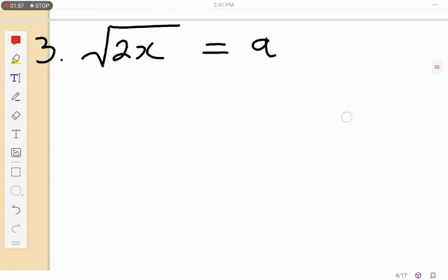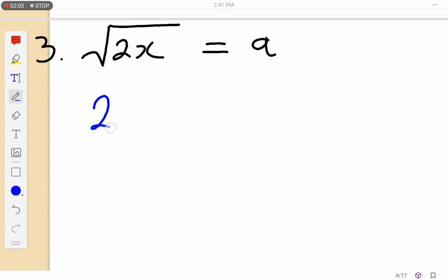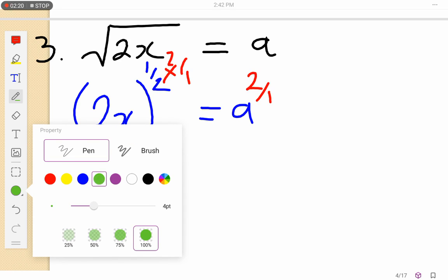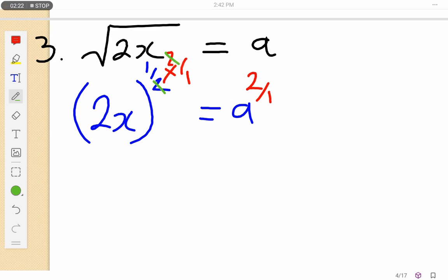Okay, this time around we have got another number inside the square root, but we deal with it the same way. So we say 2x, because it's all square root, we can say all of it to the power of half is equal to a. We multiply again by 2 over 1, and we also do the same on the right, 2 over 1. So on the left, 2 and 2 will cancel off each other, 1 and 1 will cancel off each other.